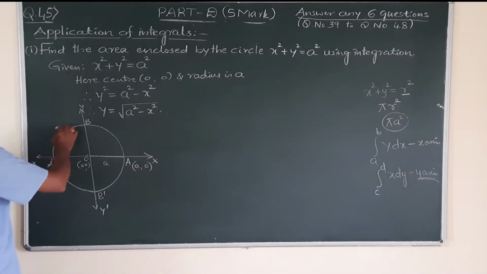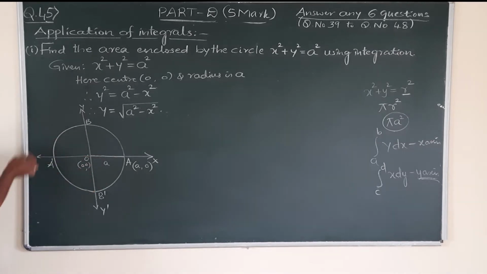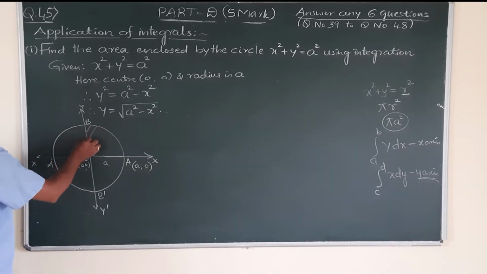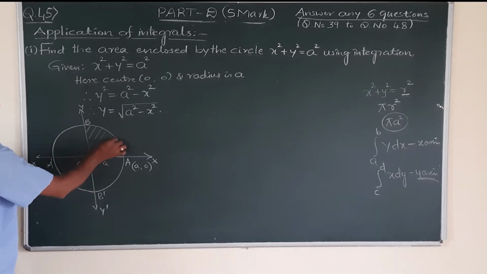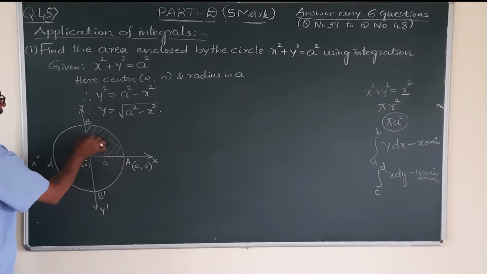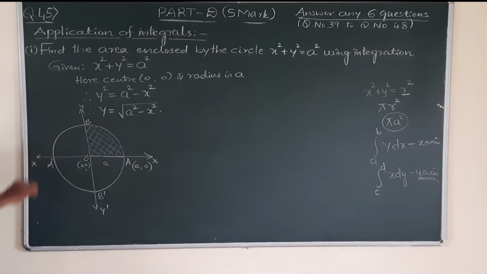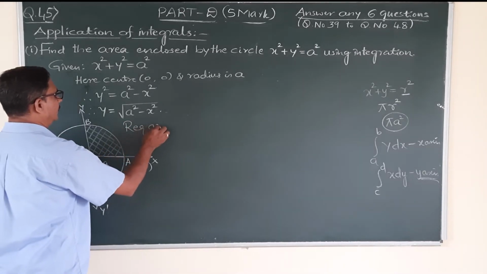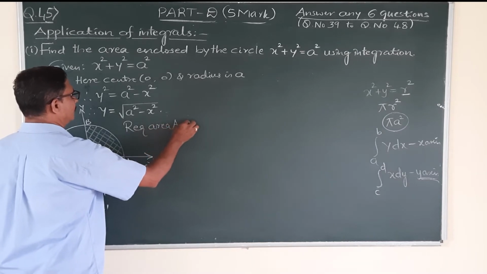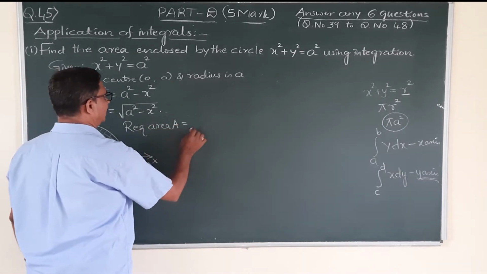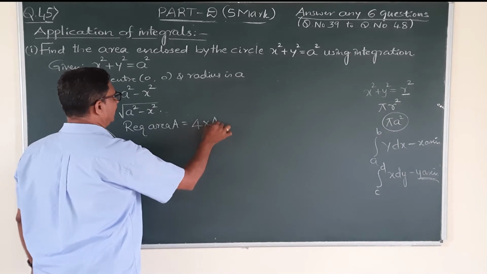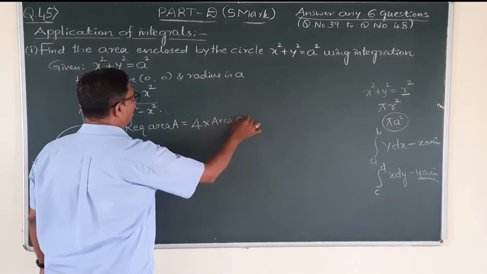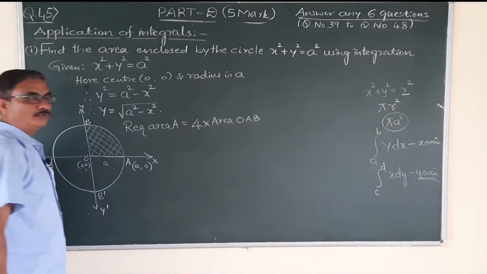Now, to find the area of the complete circle, what can we do? Let us solve for one part of the area and multiply by 4, because the circle is divided into 4 quadrants. So the required area A is equal to 4 times the area OAB, or 4 into the first quadrant.